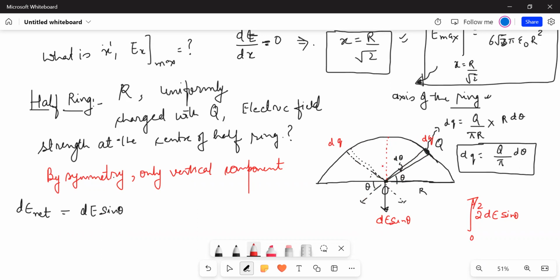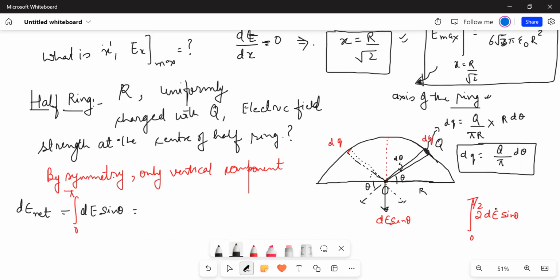If I integrate from 0 to pi, what will happen? This will be a wrong thing to do, because if you're writing 2 dE sine theta, it implies that for this dq you have taken the other dq also and then written the component. If you are writing just dE sine theta, then integrate it from 0 to pi. I hope it is clear. So just don't make this mistake.